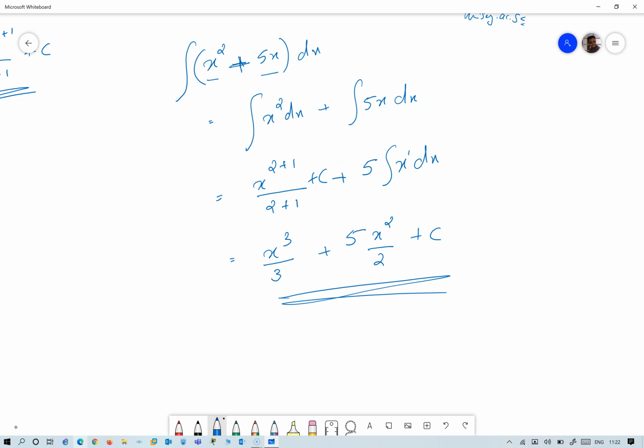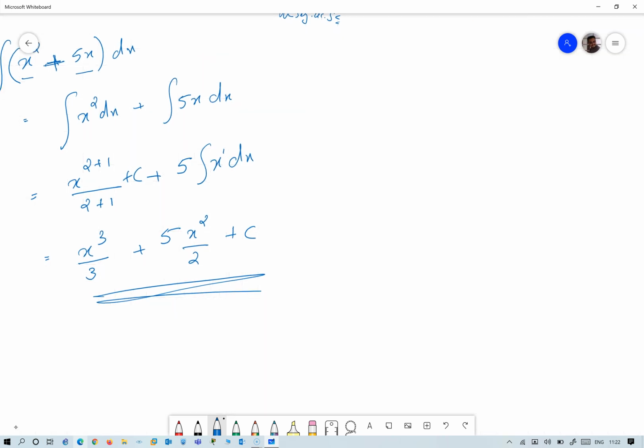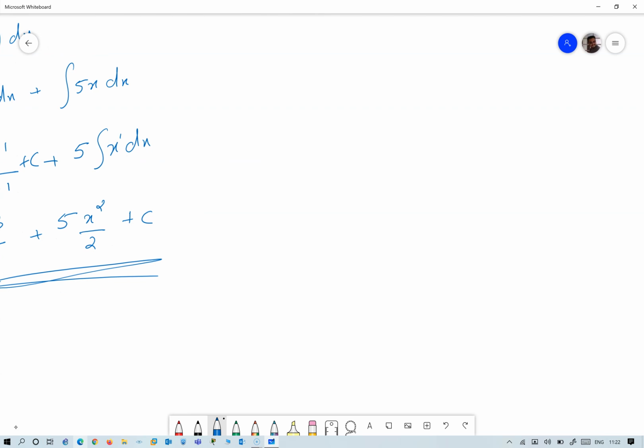And let's see another type of question which involves a root. Let's say, what is integral root x dx? So in such kind of questions, when you don't see something of the pattern x to the power n dx, because we only know how to integrate when you can bring something to this pattern.